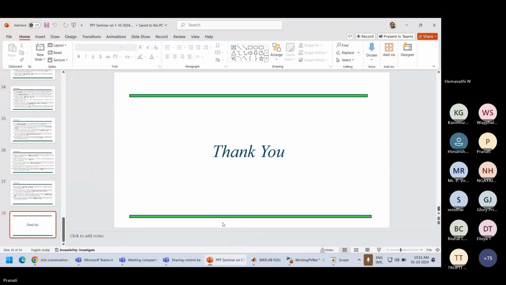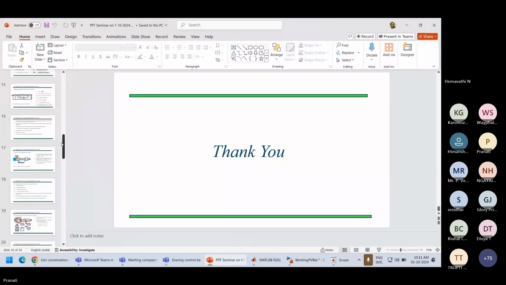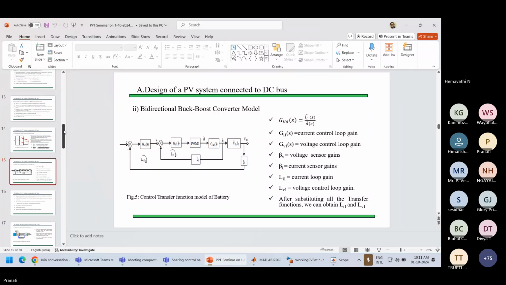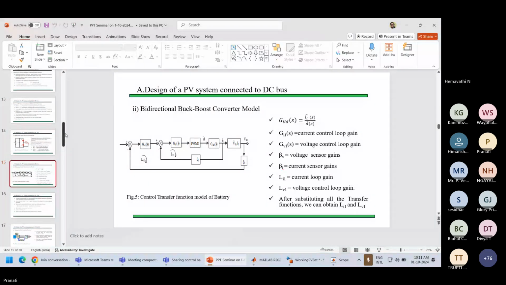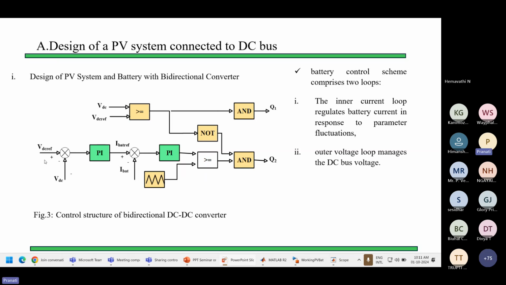In this slide, you can see that VDC reference and VDC.